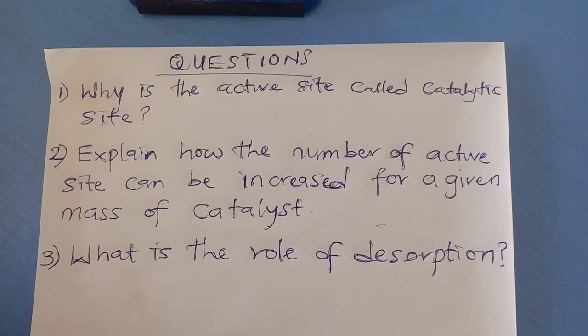It is the region at the surface of the catalyst where chemical reaction occurs. It is not the entire surface of the catalyst where chemical reaction actually takes place. It is the active site. So that is where the chemical reaction takes place.